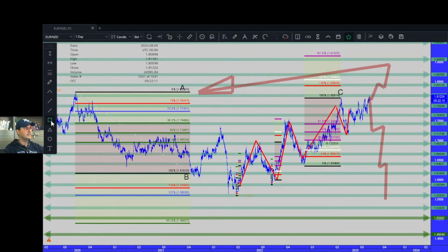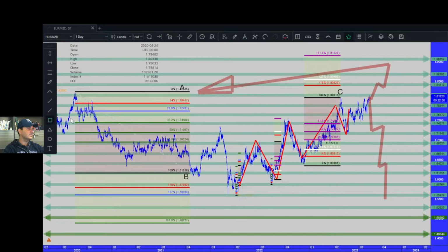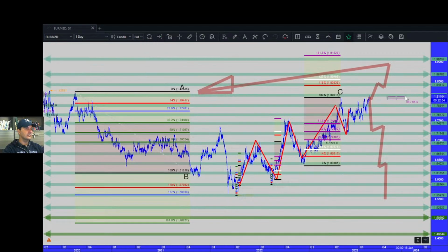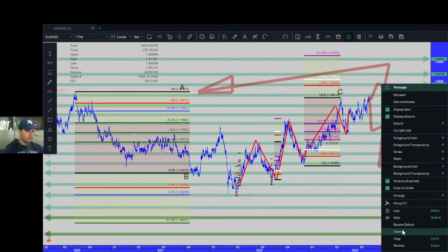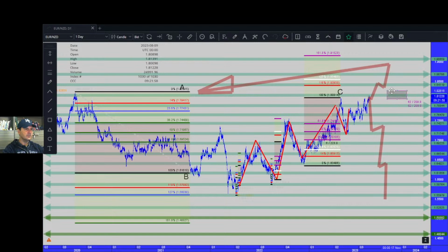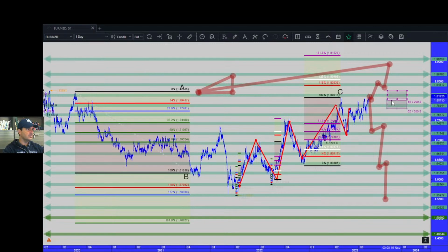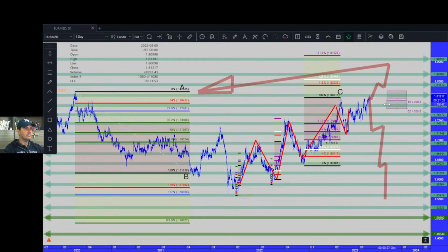And your risk reward is 1 to 12. Which one is going to be?